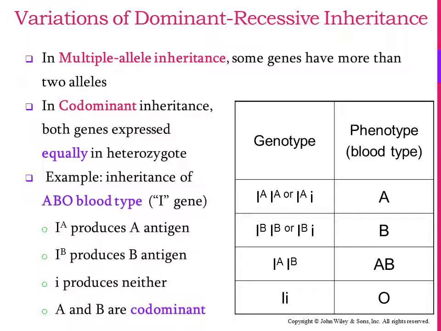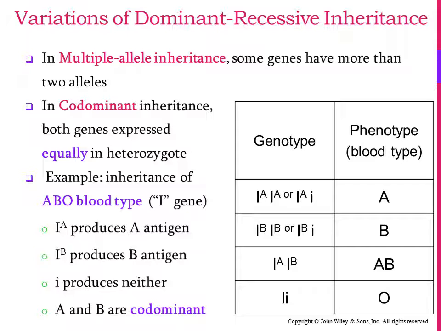So of course the homozygous individuals will express whatever protein is encoded by that gene, but the individuals that have copies of the two different alleles will express both equally.